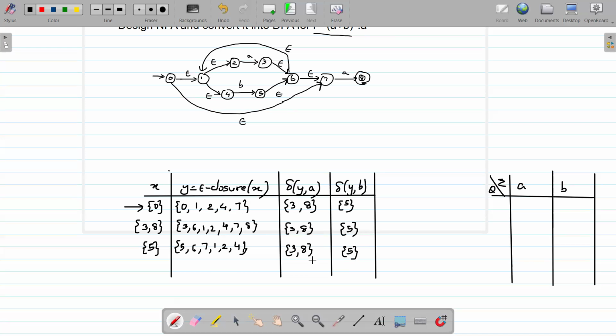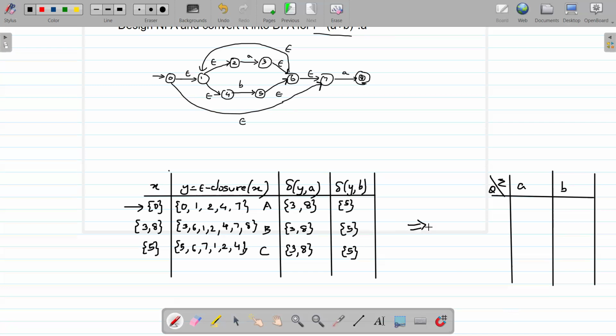If there is a new state getting generated, we have to include it on the column of X. Till all the states get covered, we are supposed to include it in the column of X. Now in this case, only 3 states are getting generated. We'll name them as capital A, capital B, and capital C for our convenience. Then we will draw a table.